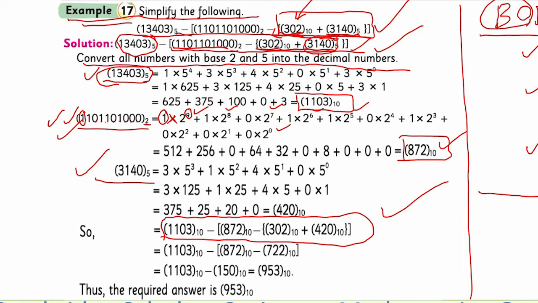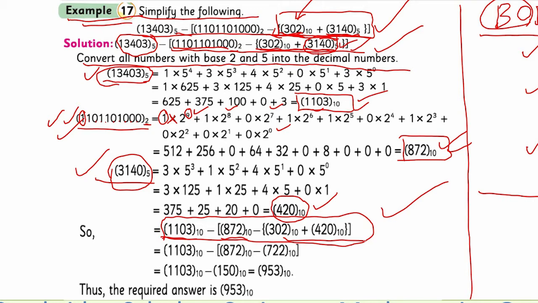At the end, convert 3140 with base 5, this number, into base 10. When we have converted, we have 420 with base 10. So put all these numbers accordingly in the expression and then add by using the BODMAS rule.